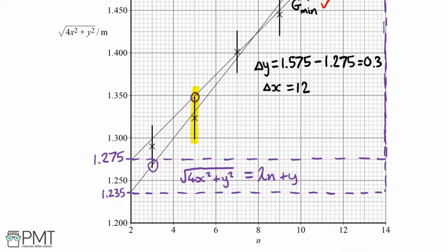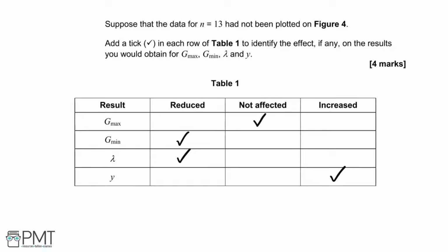So our y-intercept of the Gmin line is going to be above 1.275, and that's going to bring the mean value of the y-intercept up that we calculated in the previous question. So the value of y is going to increase. So those are our 4 selections, each one with a mark, so 4 marks.